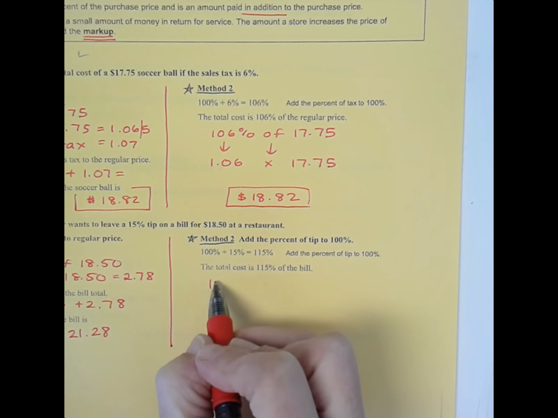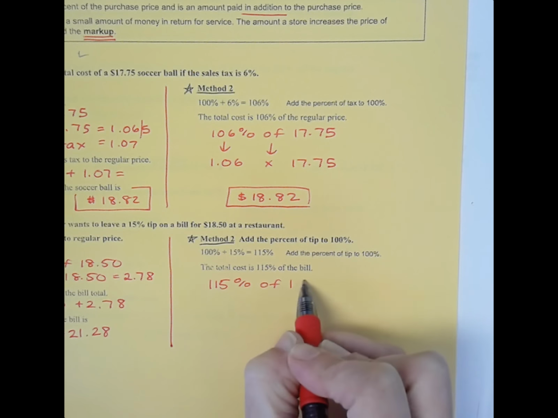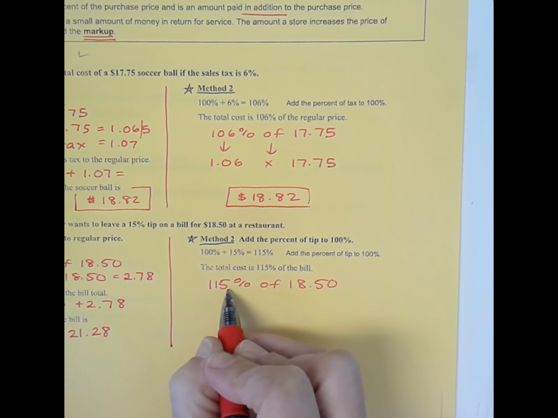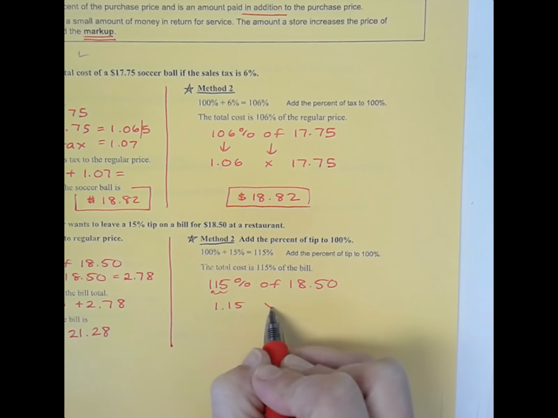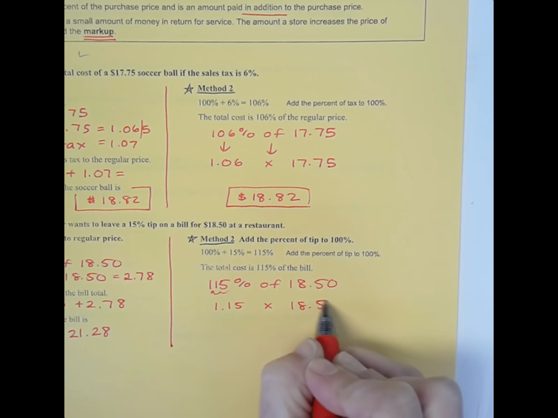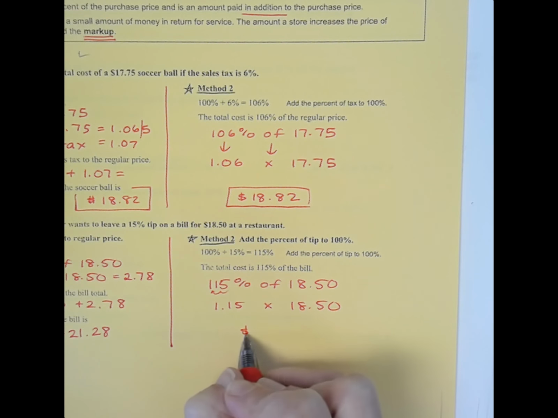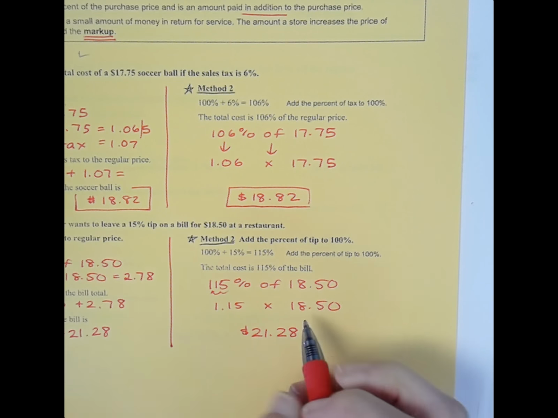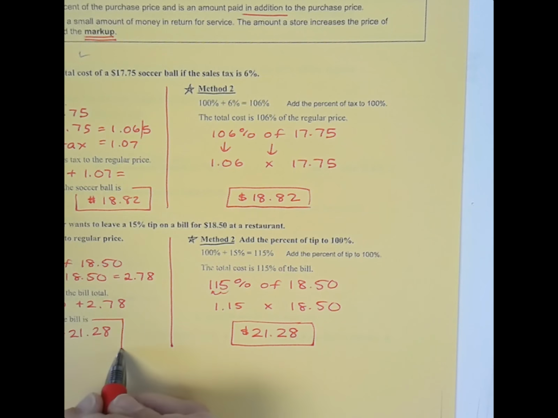So let's see what that looks like. 115% of $18.50. 115% as a decimal is 1.15. 1.15 times $18.50 comes out to be $21.28. So again, this is the final price with the meal and the tip, just like we did over here in 2 steps.